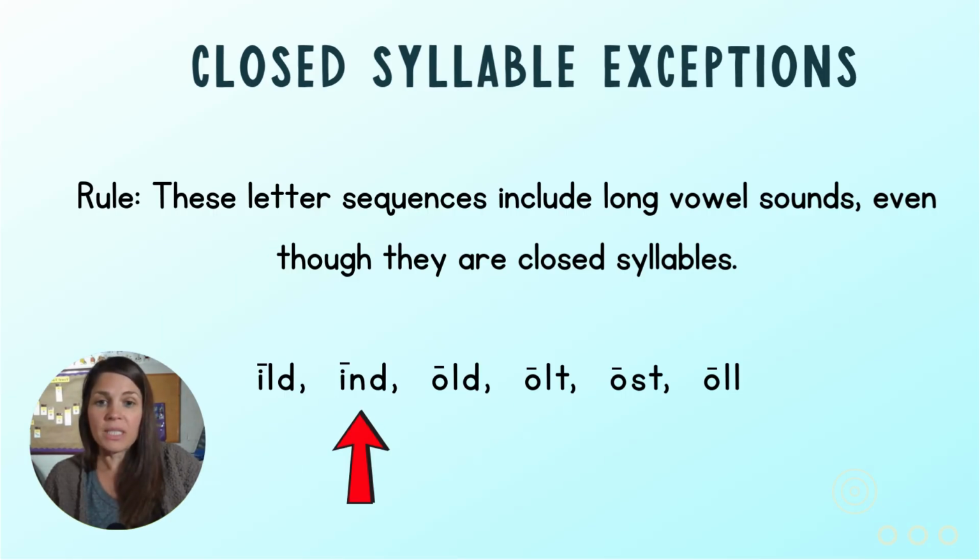IND is going to say I, ind. OLD is going to say O, that long O sound, old. OLT, olt. OST, ost. And OLL, oll. So these specific letter sequences include long vowel sounds, but they're still closed syllables. These are the exceptions.